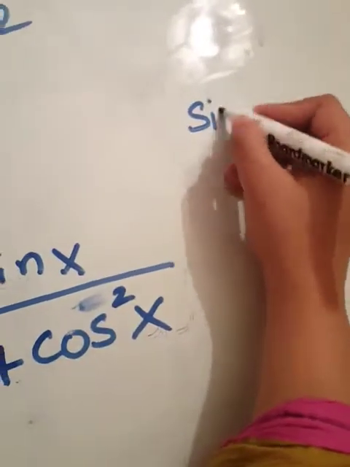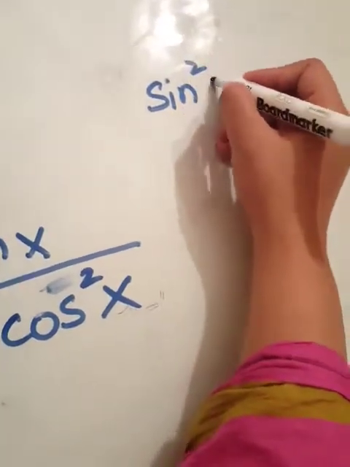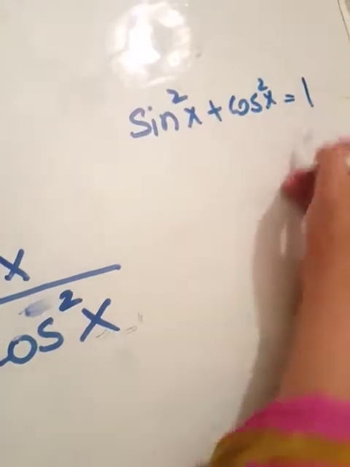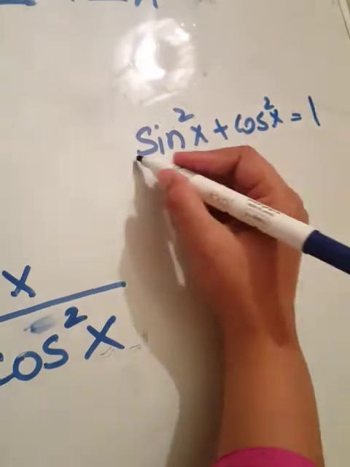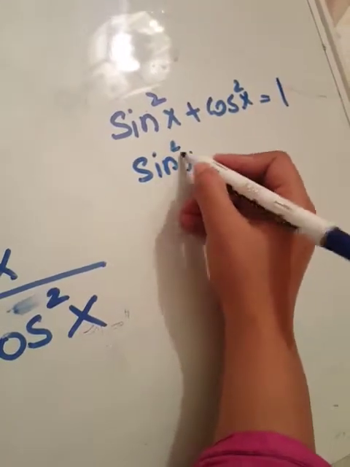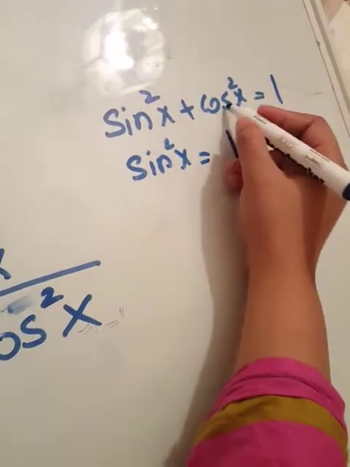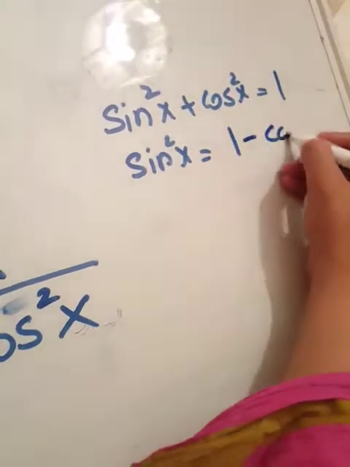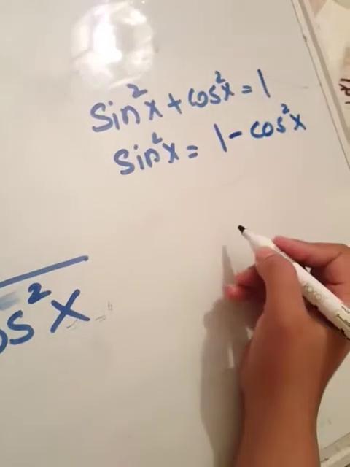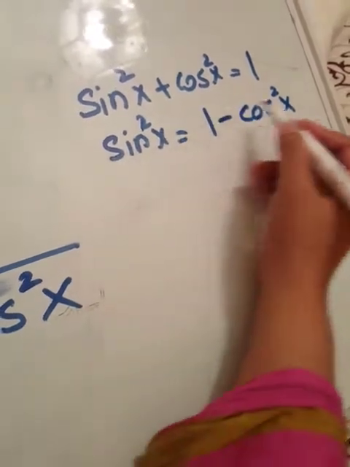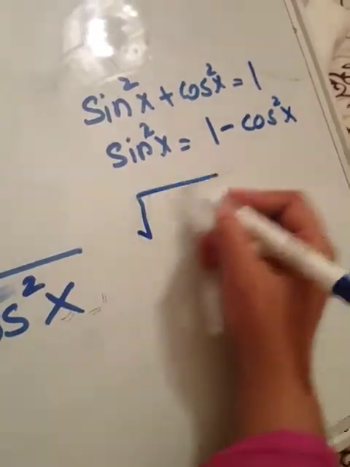How I wrote this, let's write over here. The property says sine square of x plus cos square of x is equal to 1, right? So if I want the value of sine square of x, sine square of x is equal to 1, and cos square x is adding here, so it will go to the other side and subtract. So 1 minus cos square of x, right? In order to delete this square, I am going to take the square root on both sides.